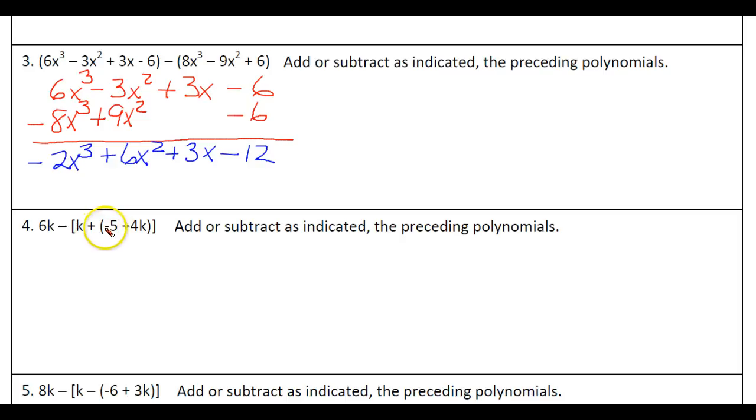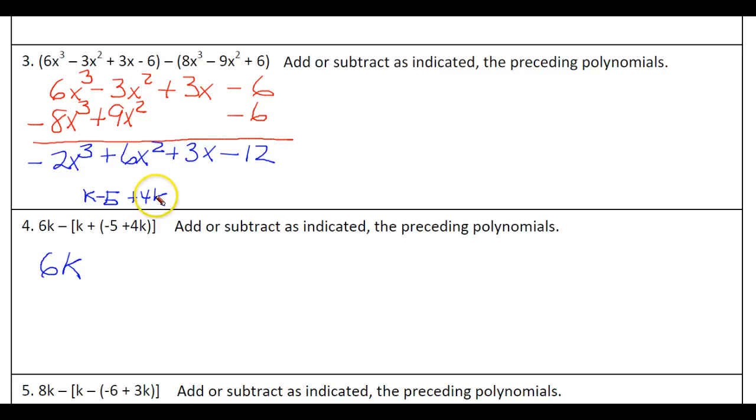So here, this is a plus sign in front of these. So we have a 6k. Now this is going to be working innermost parenthesis first. Let's write that. That'll be k minus 5 here plus 4k.